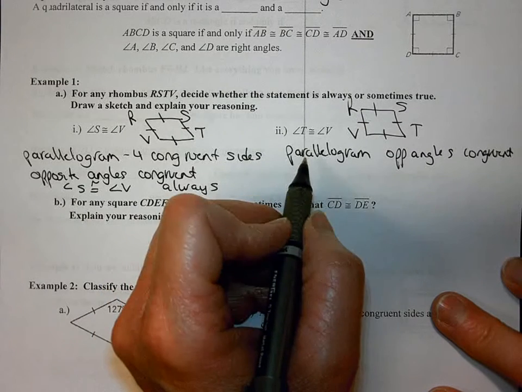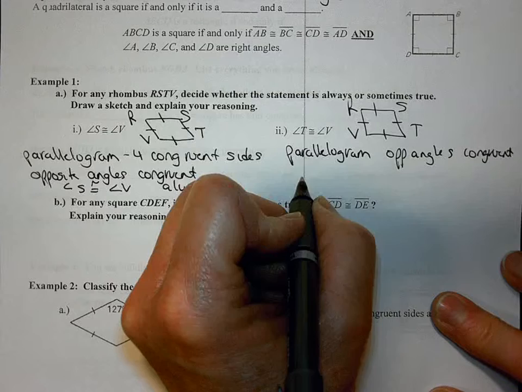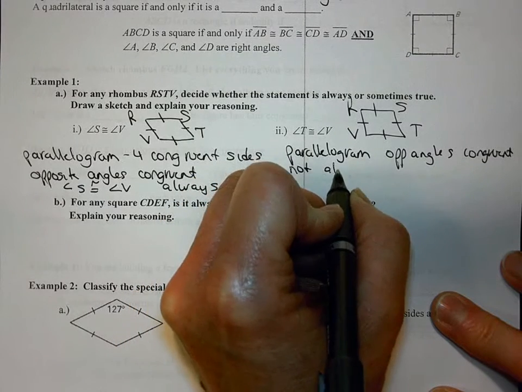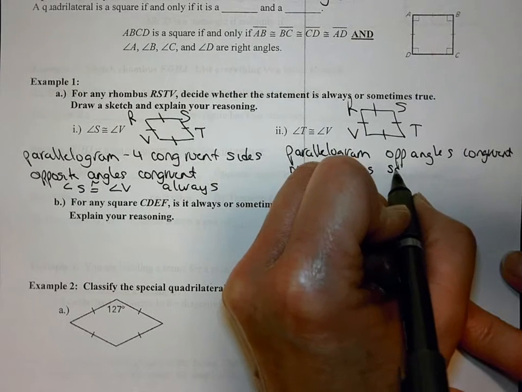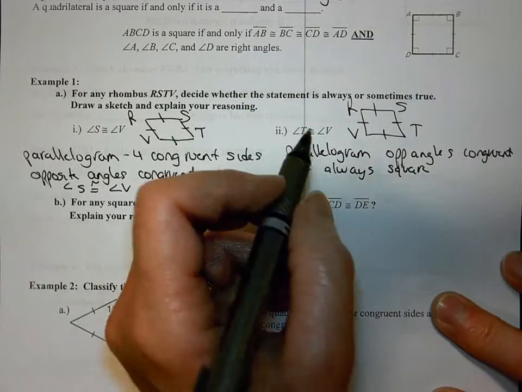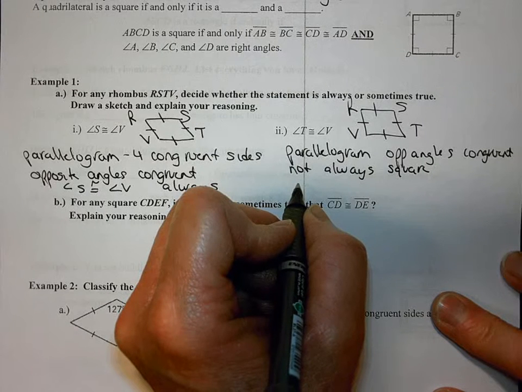Now, if it's a parallelogram and it's a rhombus, it does not have to be a square. It can be, but it could be a rhombus and not a square. So in that case, if it's only a rhombus, it's not going to have 4 right angles. And if it was going to be a square, it would have the 4 right angles.